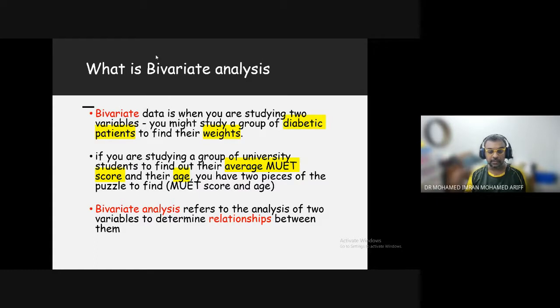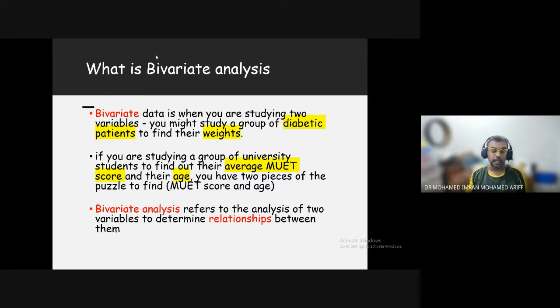Bivariate analysis refers to the analysis of two variables to determine the relationship between them. So you want to find out what is the relationship between average MUET score and age. This relationship is what we say as correlation. We want to find out what is the relationship between diabetic patients and their weight.